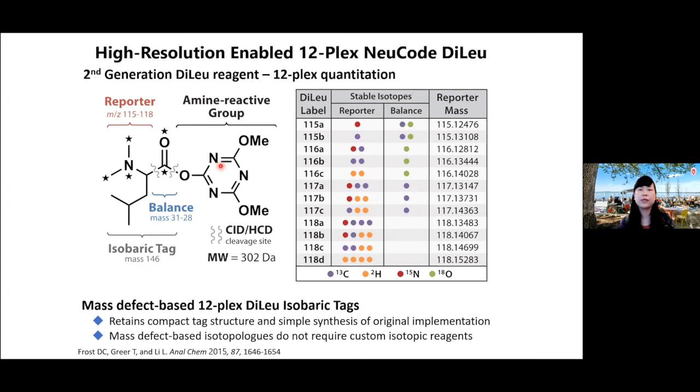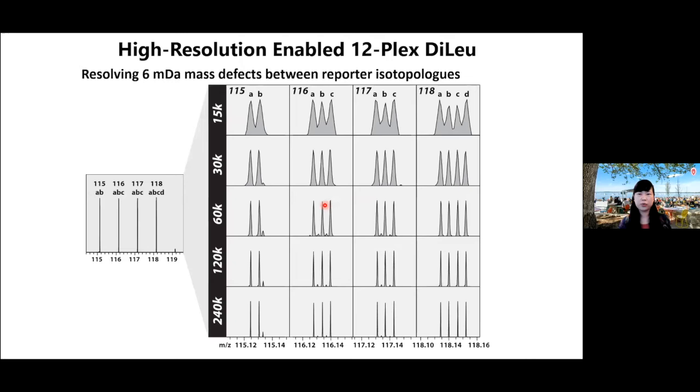We're still using the same chemical structures. It's a very compact structure, only requiring 1 or 2 step synthesis, and there's no need for any custom isotopic reagents, so we can keep the cost down and also produce a large quantity. Shown on the right is the isotopic configuration. As you can see, we can use O18 or carbon 13 as the balancer to generate this 12-plex DiLeu. You may be wondering what kind of resolution is needed to resolve these 12-plex channels.